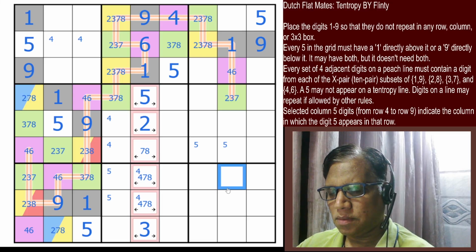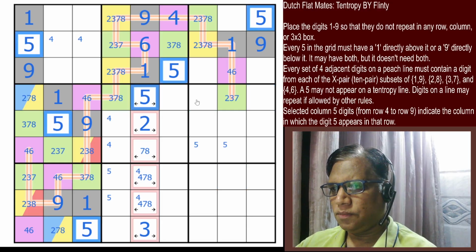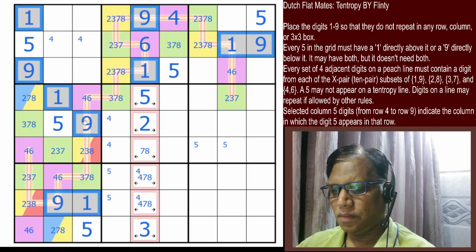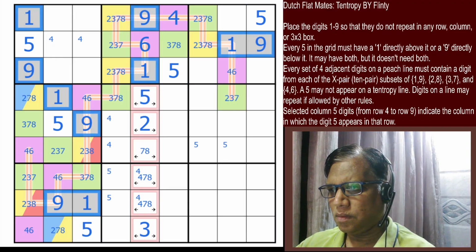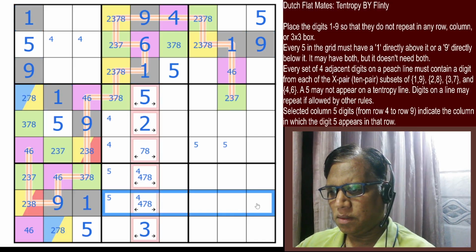Come. One has to be about 1 or 9. I'm feeling that 9. 1. There is no 1 9 here. What does that mean?